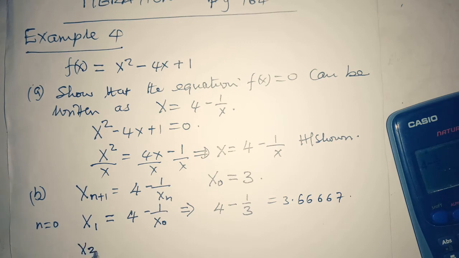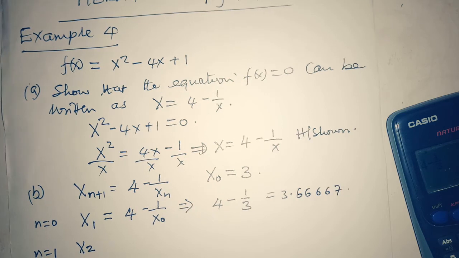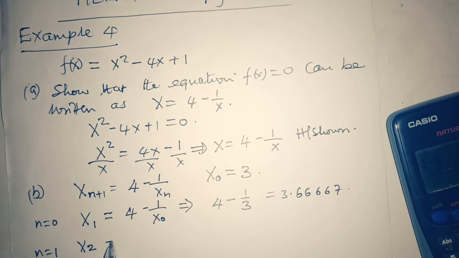So x2, in this case n is equal to 1, such that 1 plus 1 is 2, is going to be equal to 4 minus 1 over x1.